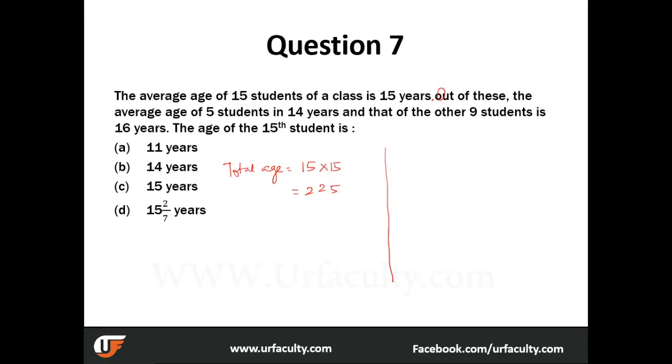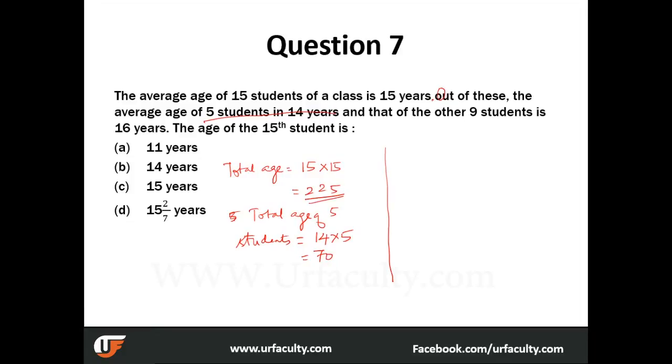Out of that, the total age of 5 students is 14 into 5. Am I right? 5 students is 14 years. So that's equal to 70.